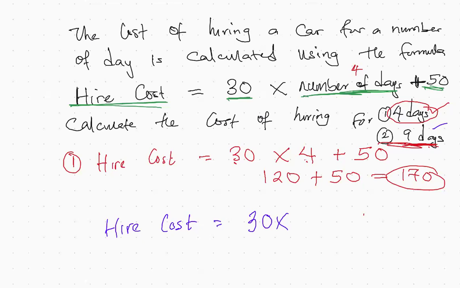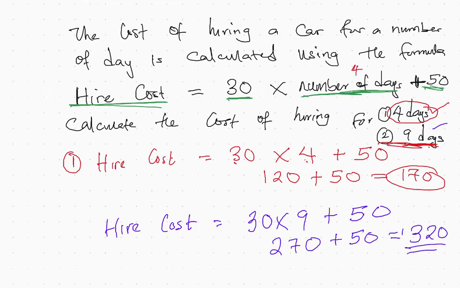So 270 plus 50 gives you 320. That's pounds. So if you hire for 4 days, you're going to pay 170 pounds. If you hire for 9 days, it's going to be 320 pounds.